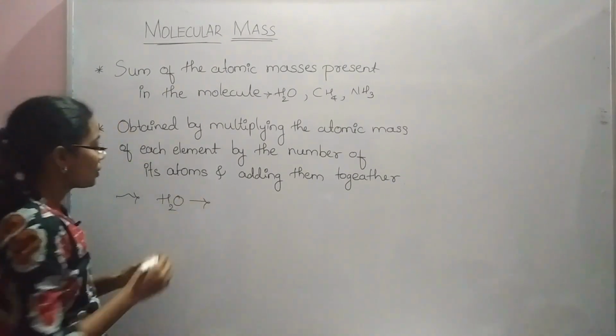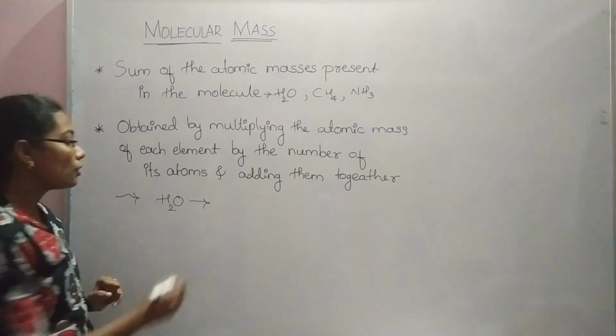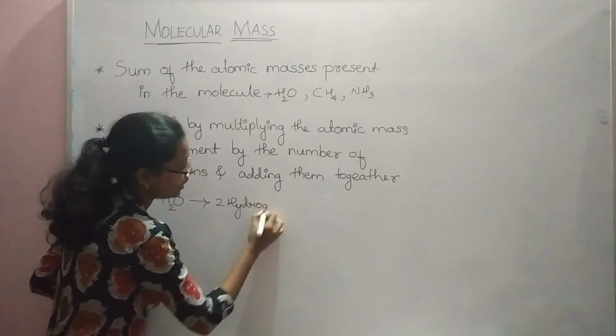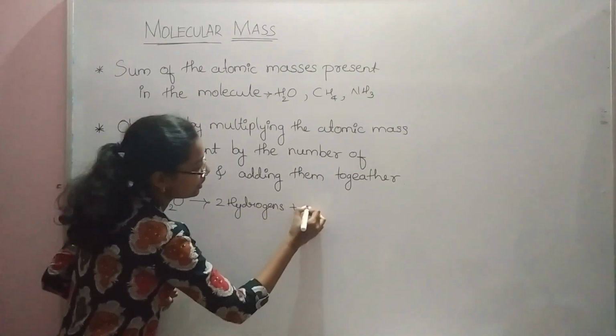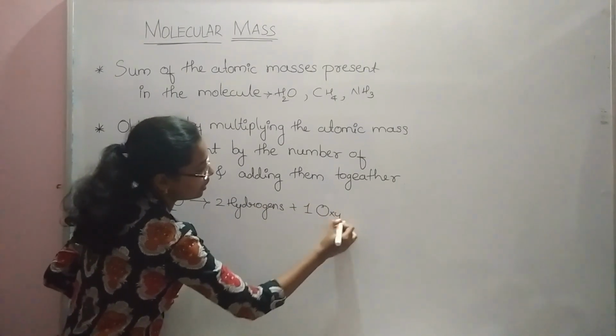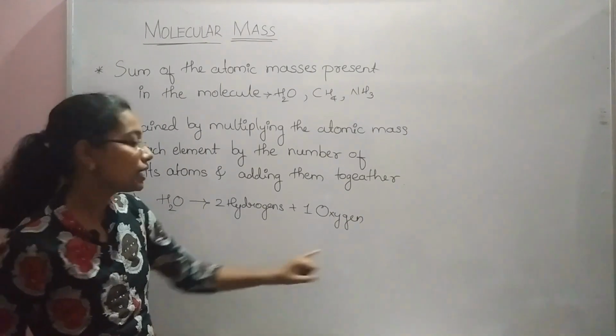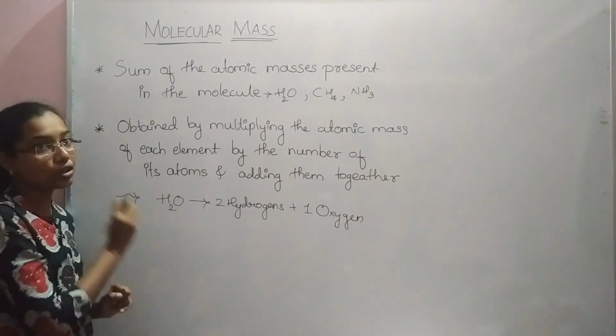One molecule of water is made up of two hydrogen atoms and one oxygen atom, combined to form one water molecule.